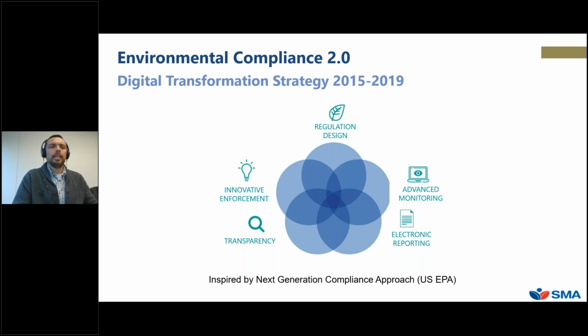We took the idea from the next generation compliance approach promoted by US EPA. This has 5 components: advanced monitoring, electronic reporting, transparency of the information, innovative enforcement in real cases, and the influence of the technologies in the new regulation design. We need more data, we need more technologies.